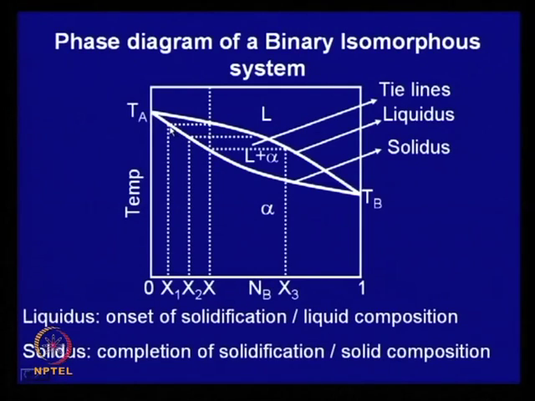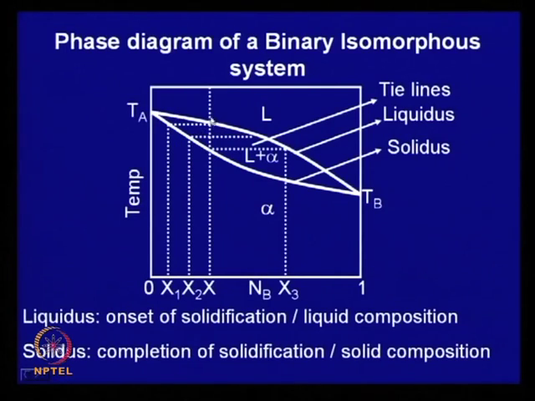So, now let us say that we allow this alloy to cool in a furnace or at a very slow rate. We call this slow rate the equilibrium cooling rate. Under this condition, we give enough time for the composition of the solid to change and follow this particular line.